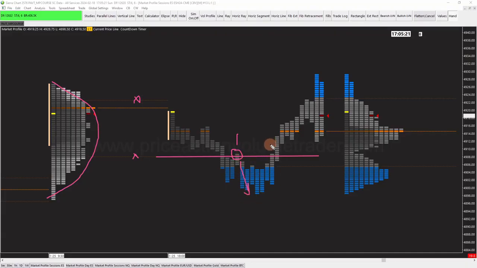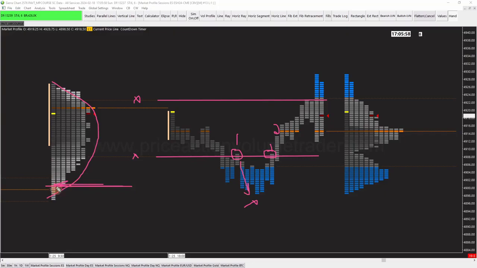But then we come back here and we have one which closes inside. So as soon as this second TPO opens inside of this value area, then this satisfied the rule. So in this case, if I was going to be trading this, well, obviously, our stop loss would most definitely go, if you want to be very conservative, right below the low from London, and you can see we're right below this big ledge.